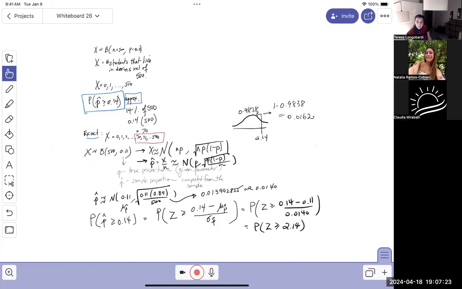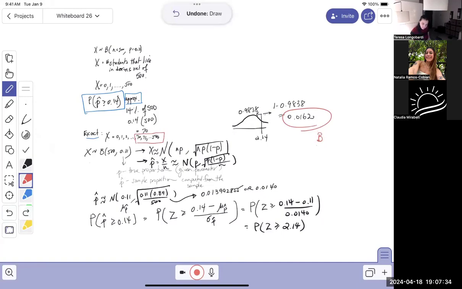Okay, I'm back. So the answer is 1.62, which is option B. Is it correct? Let's see. I'm checking on my computer. Sometimes I solve these in my own mind. Anyway, pretty sure it's correct.